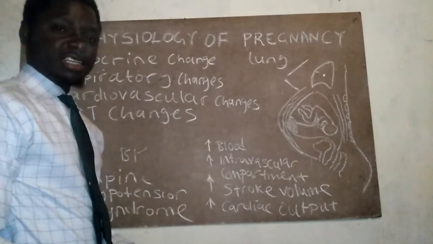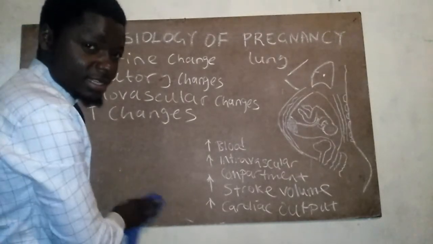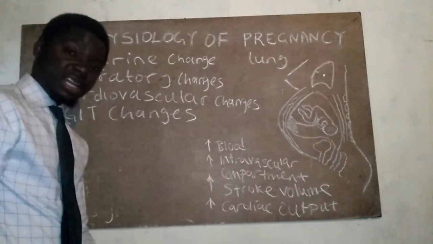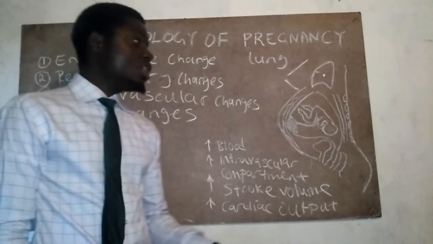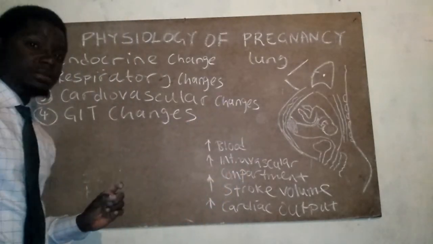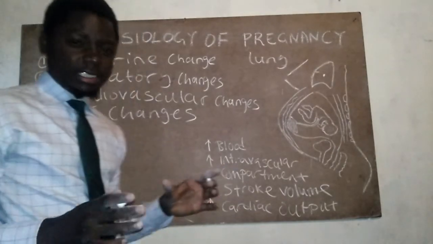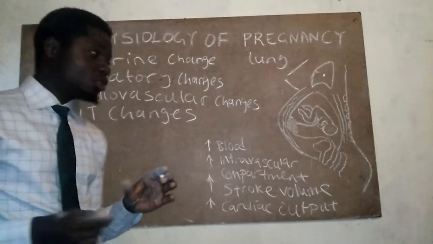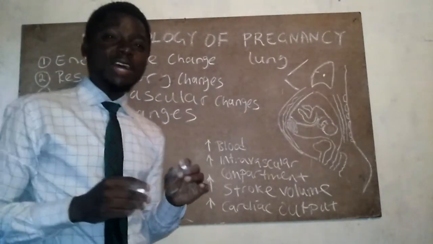So in the GI tract, we are going to have the stomach being compressed as a result of the growing uterus. When the stomach is compressed, even the lower esophageal sphincter muscle is going to dilate. And once the lower esophageal sphincter muscle dilates, that simply means we are going to have a reflux.